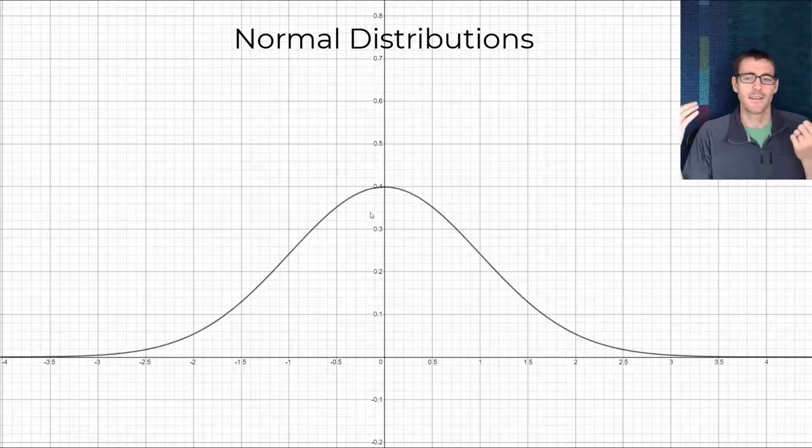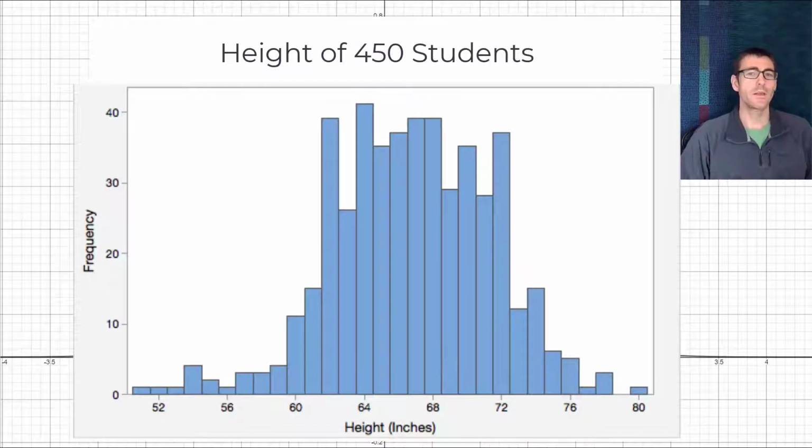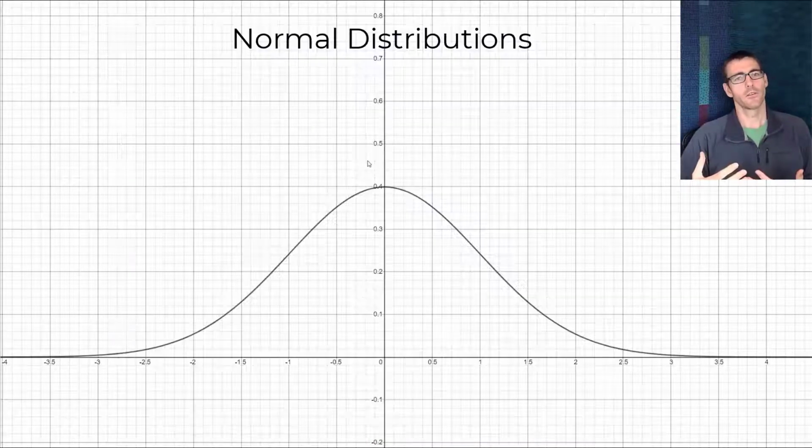That said, no distribution is ever going to be exactly the bell curve. Real-world data is inherently messy, especially when dealing with relatively small sample sizes. One or two slight deviations make our data look noticeably different. But often when we increase the sample size, our histograms look closer and closer to this bell curve.